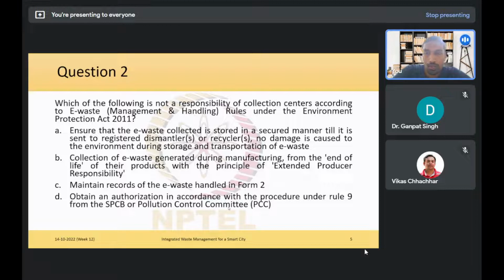So out of these four, one of them is not a responsibility of the collection center. So we need to identify which of these is not. Okay, we have an answer for option D. Okay, any other answers?